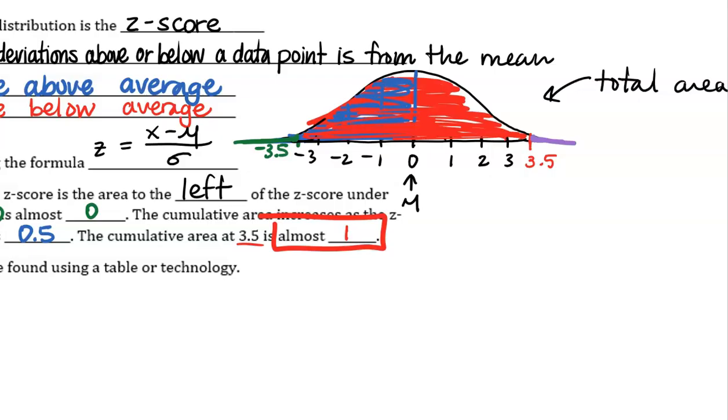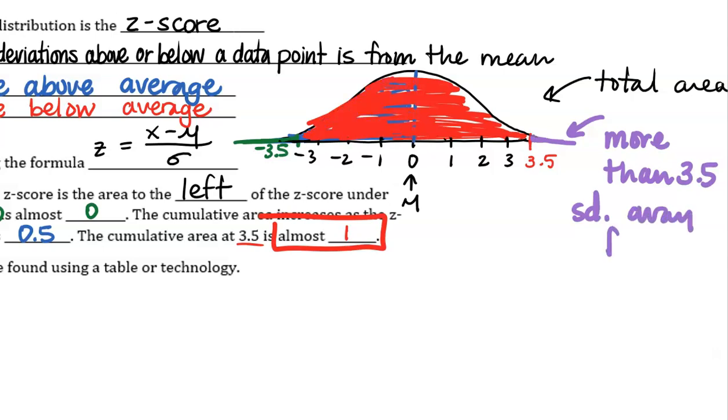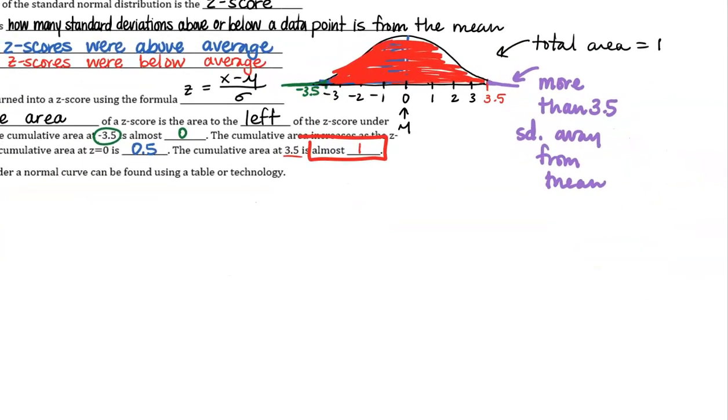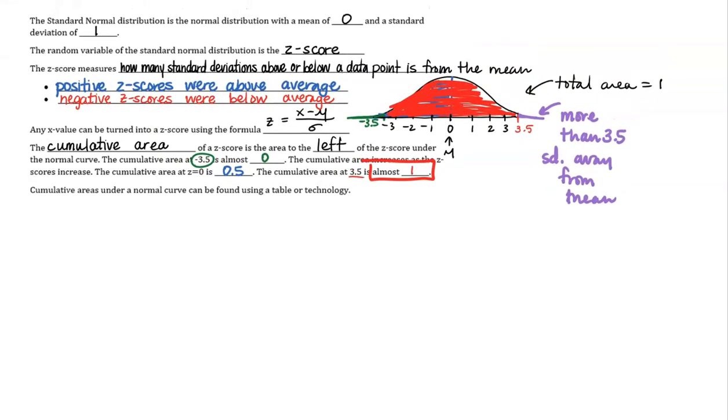So in context, that means that there should be very, very few pieces of data that are more than 3.5 standard deviations away from the mean. That is going to be very unusual to have data that is more than 3.5 standard deviations away from the mean. That's what that's telling us there.